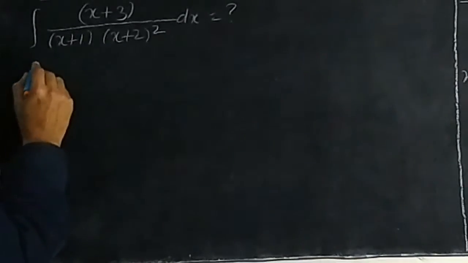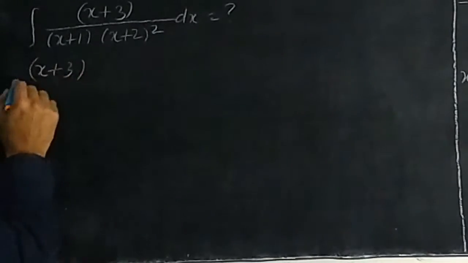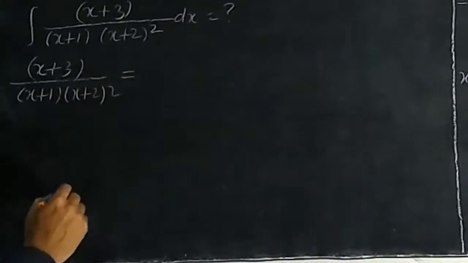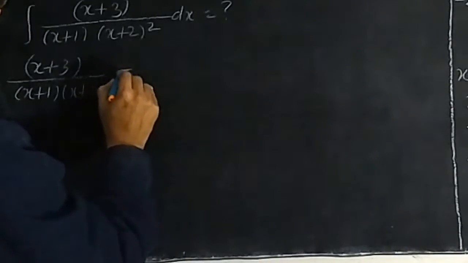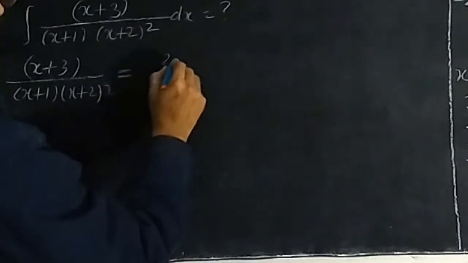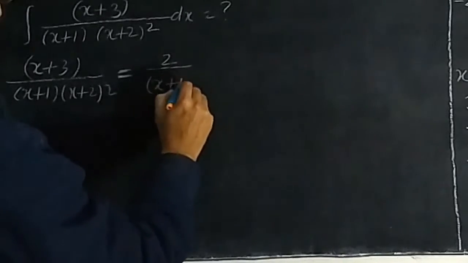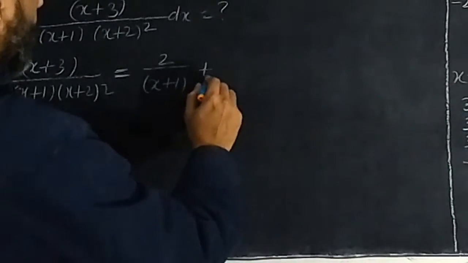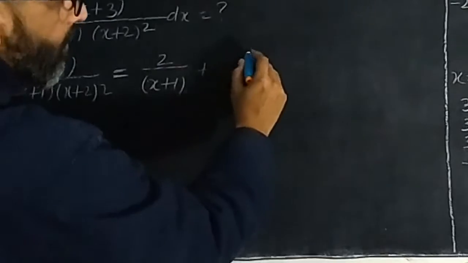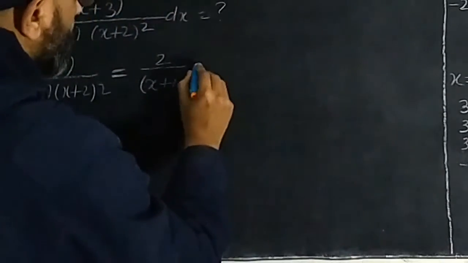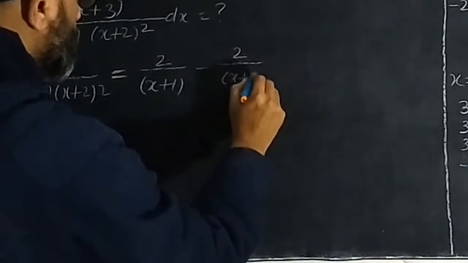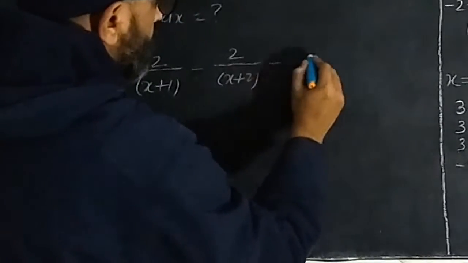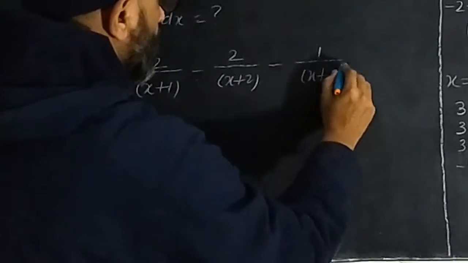Now we get (x plus 3) upon (x plus 1) into (x plus 2) whole square is equal to a upon, and a we have calculated as 2, so 2 upon (x plus 1) plus b upon (x plus 2), so the value of b is minus 2, so we get minus 2 upon (x plus 2), then plus c upon (x plus 2) whole square, and c is minus 1, so plus minus 1 upon (x plus 2) whole square.